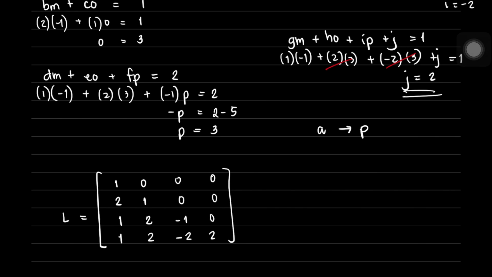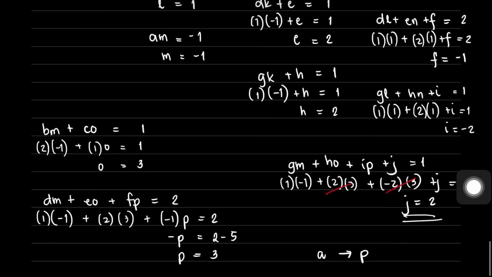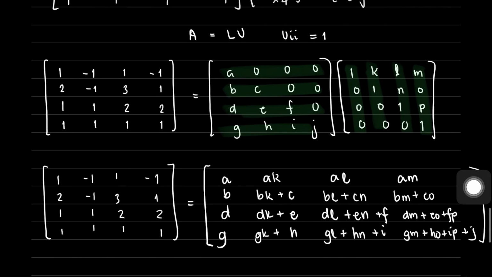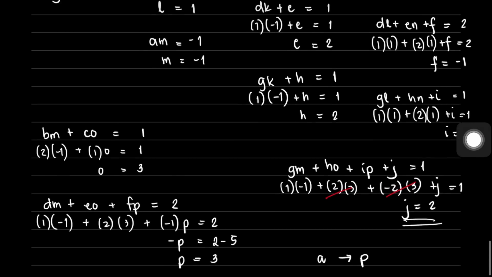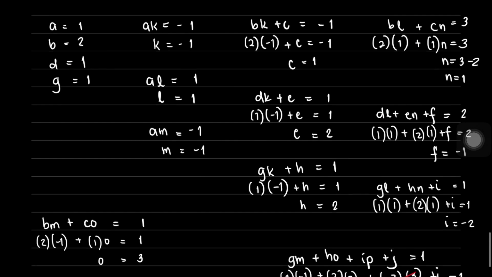Now for the upper triangular matrix, the diagonal elements are all equal to 1, so this would be 1, 1, 1, 1. The lower part would be equal to 0, and then this would now be K, L, M, N, O, P. So K, where is our K here?